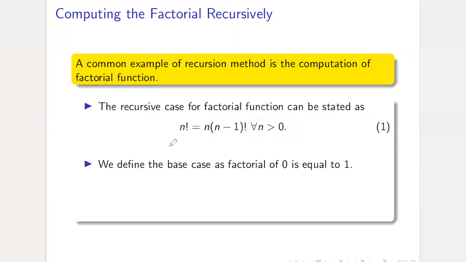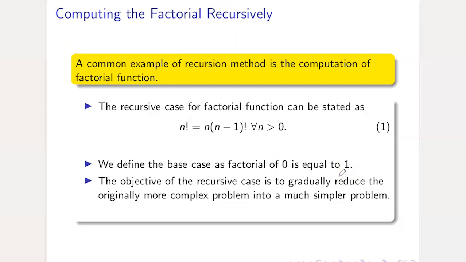Now, what would be the base case or the terminating case? Terminating case is when you keep on reducing the value you need to compute the factorial of, ultimately you will get 0. So we know by definition factorial of 0 to be 1. Okay, so that would be our base case.